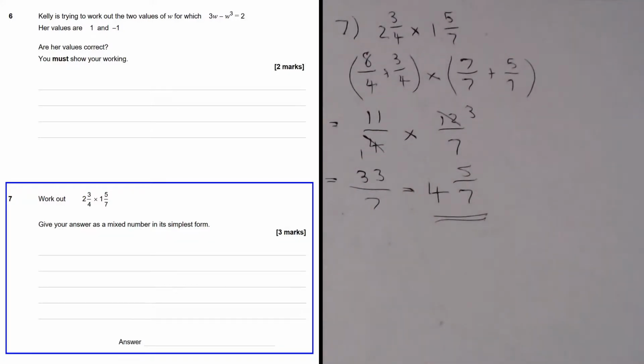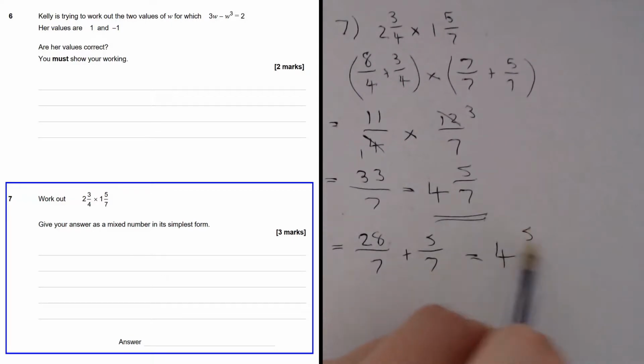So the answer is 4 and 5 7ths. Essentially what I've done in that last step is I've said, well, 33 over 7 is the same as 28 over 7 plus 5 over 7, but we know what 28 over 7 is, that's 4. So it's 4 plus 5 7ths, which is just 4 and 5 7ths.